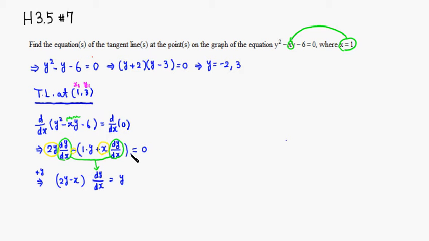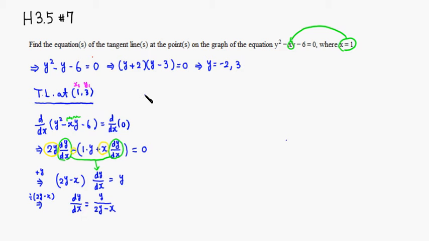The last step is to isolate dy over dx, so we divide through by the quantity 2y minus x. So dy over dx is equal to y over 2y minus x.